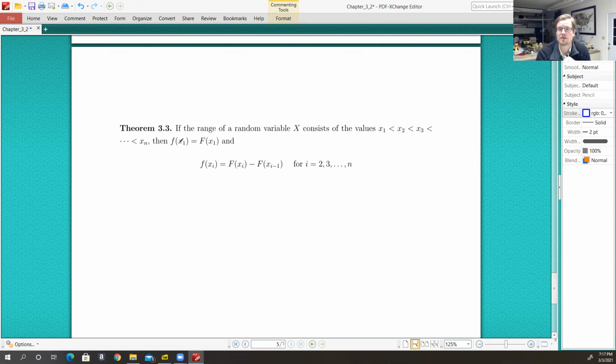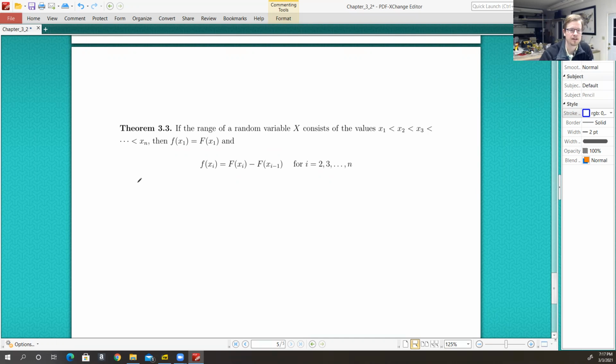The probability of exactly this first thing happening is exactly the cumulative probability of that first thing happening, because there's nothing before it that was added to that probability. And for everything beyond that, we can find the probability of this exact outcome occurring as the probability of that outcome or less occurring minus the probability of all outcomes below it occurring.